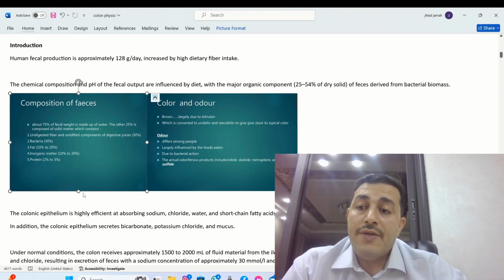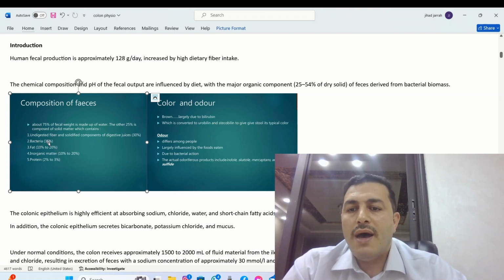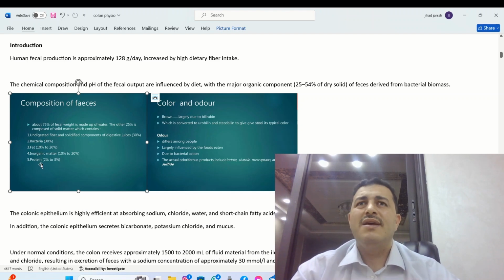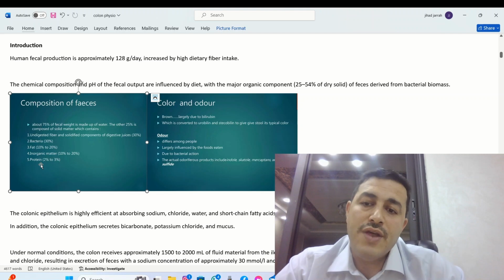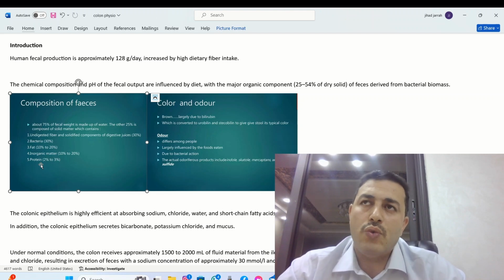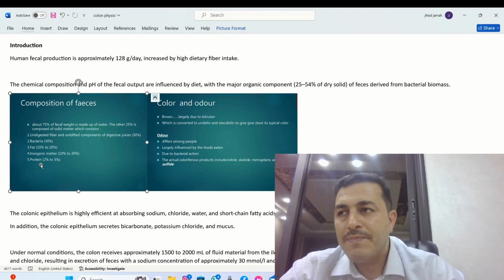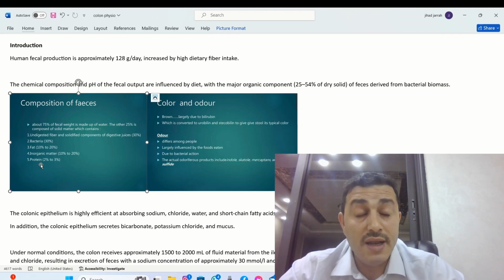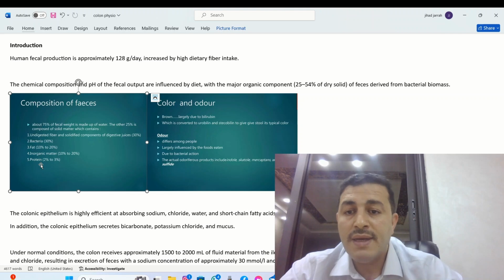And the other component of the feces, as you see, is bacteria, undigested fiber, fat, inorganic matter, protein. These make actually the 100 to 150 gram of feces that are excreted. We know that the brown color is due to the bilirubin.